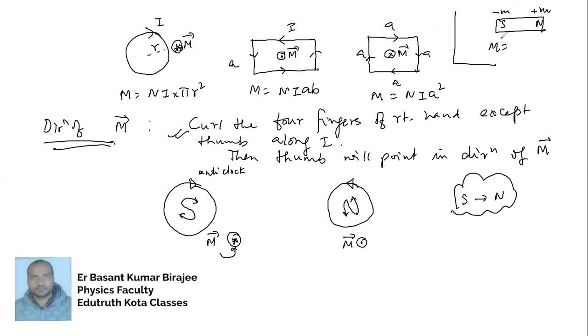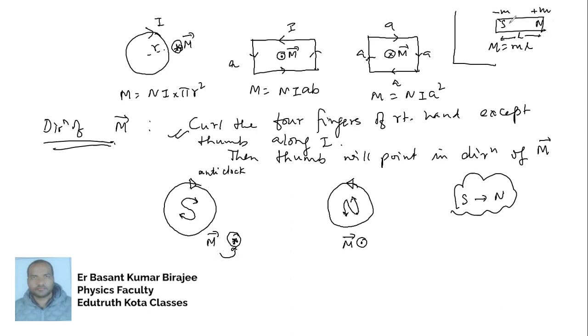If the length of the magnet, or separation of the poles, is L, then the magnetic moment is written as m into L. The magnitude of pole strength is the same for both poles, only the nature is different.